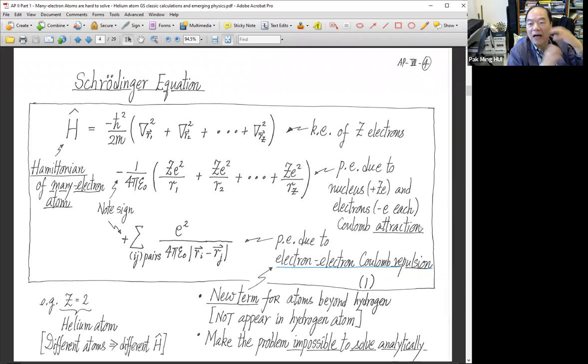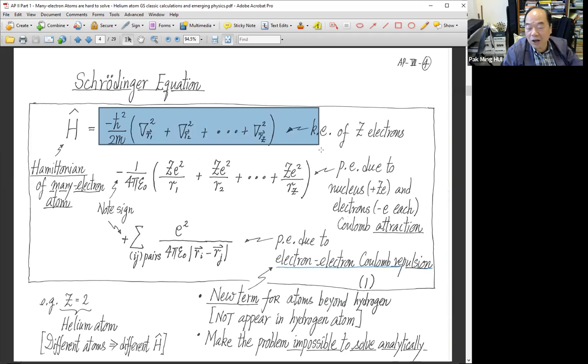But for me, I'm happy with putting the nucleus at the origin 0, 0, 0 and only look at the physics of the Z electrons. So we have kinetic energy for the first electron, second electron, and the Z-th electron. So these are the kinetic energy terms, simple, okay.